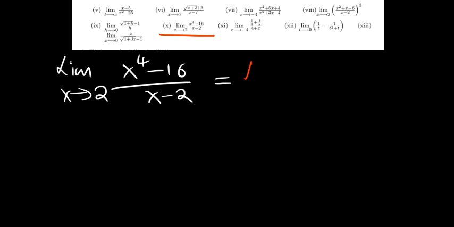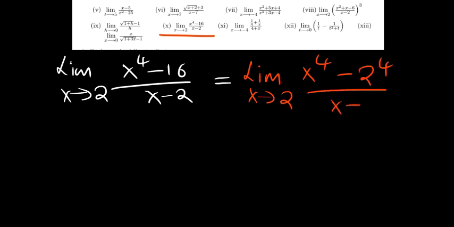At this point, I believe we can write it as the limit as x approaches 2 of x to the power 4 minus 2 to the power 4, since 16 can be expressed as 2 to the power 4, over x minus 2.